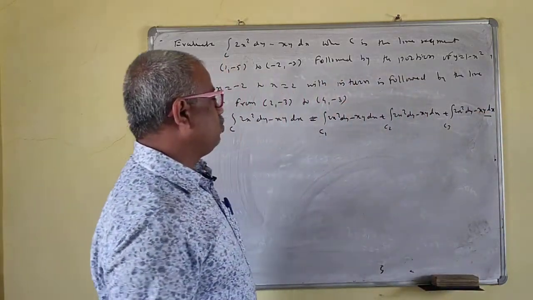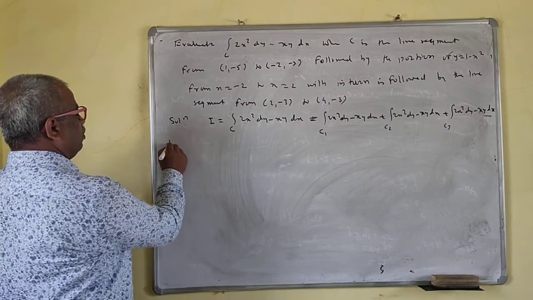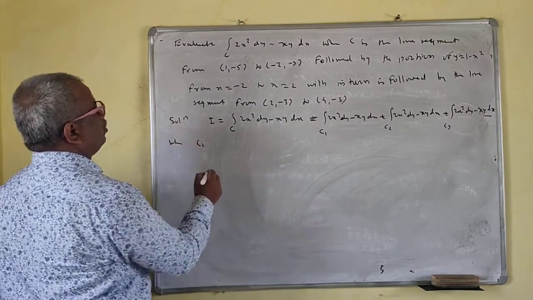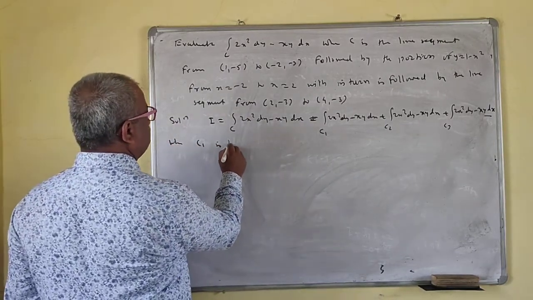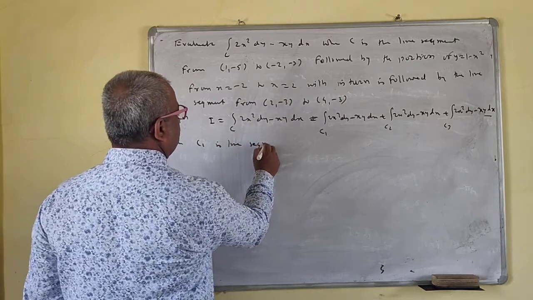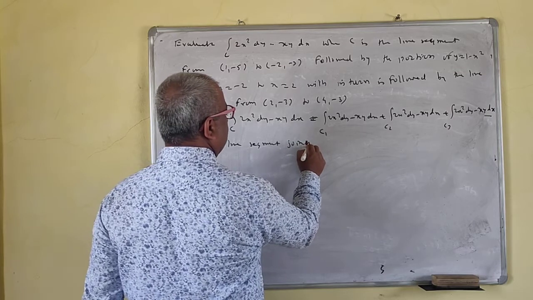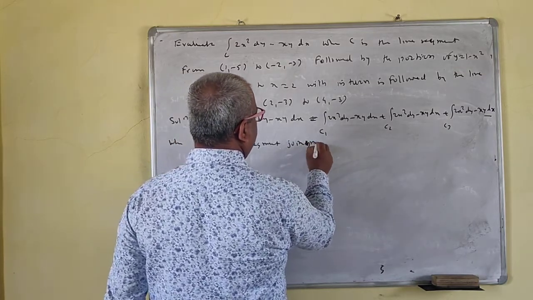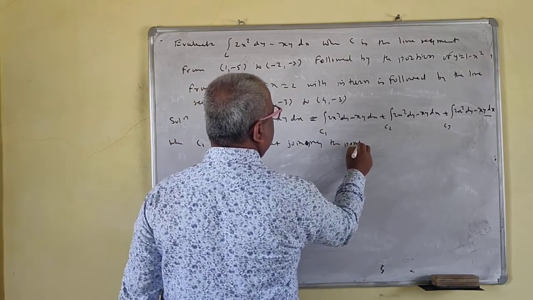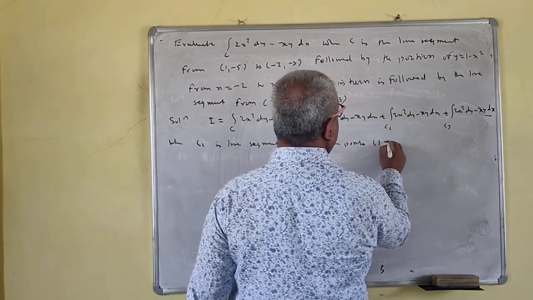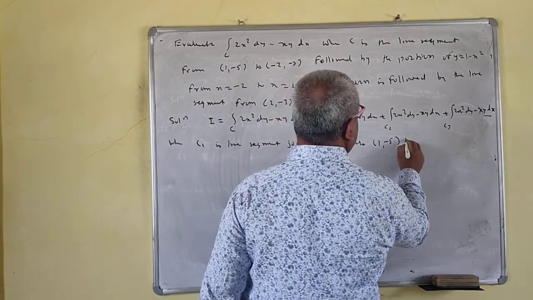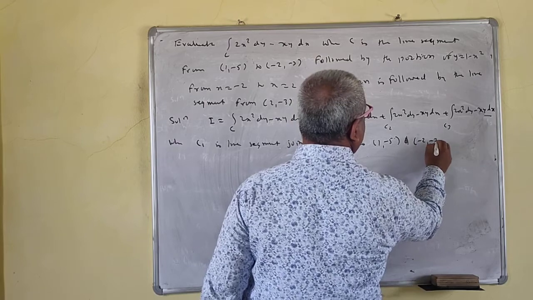Okay, C1, C2, C3. where C1 is the line segment joining the points (1, minus 5) and (minus 2, minus 3).